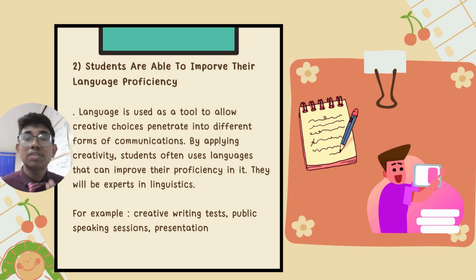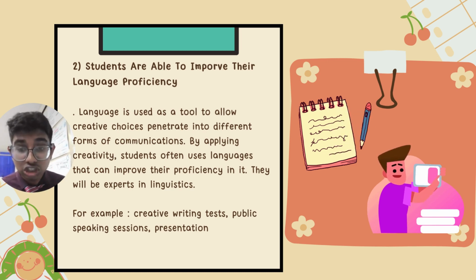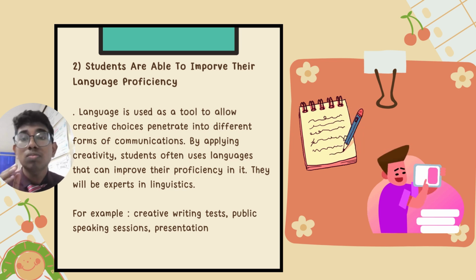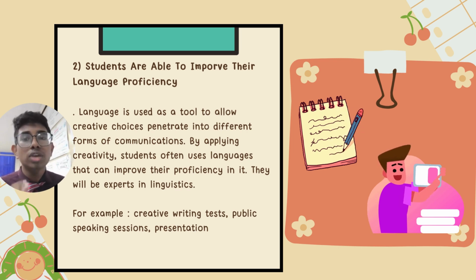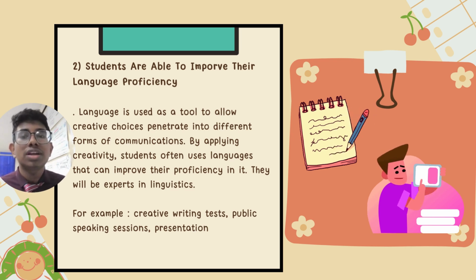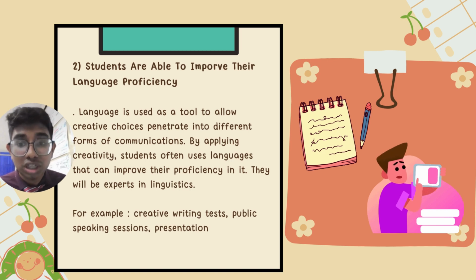For example, creative writing tests, public speaking sessions, and presentations, which are some of the most common pedagogies that teachers normally use to improve students' language proficiency from the speaking point of view. And in Malaysia especially, the focus is on bilingual proficiency, where we as students must excel in Bahasa Melayu and English to deliver proper communication using these languages.